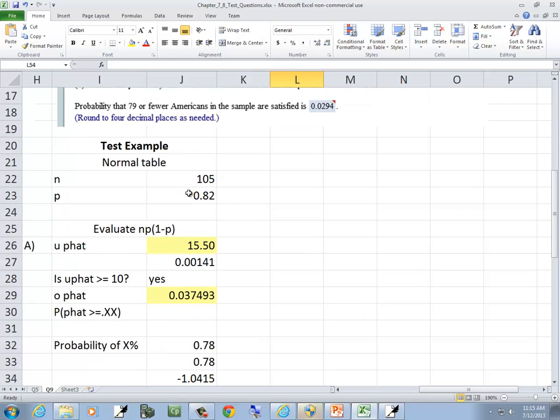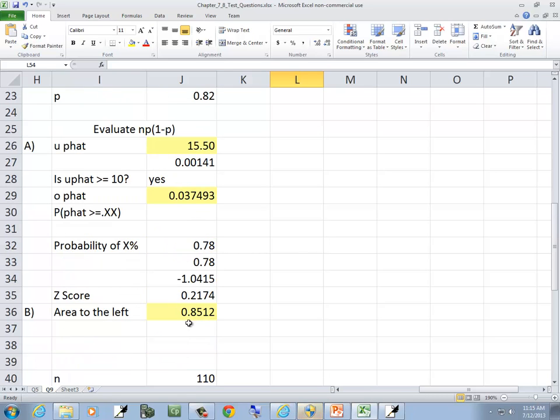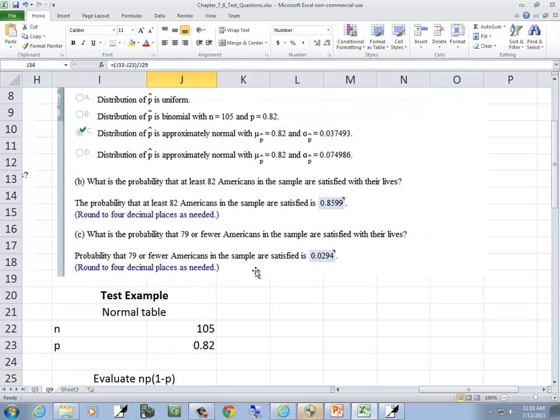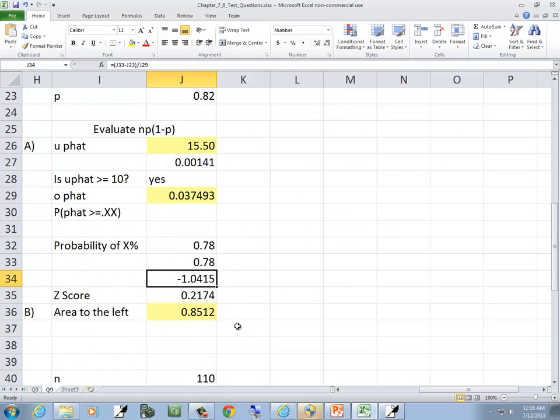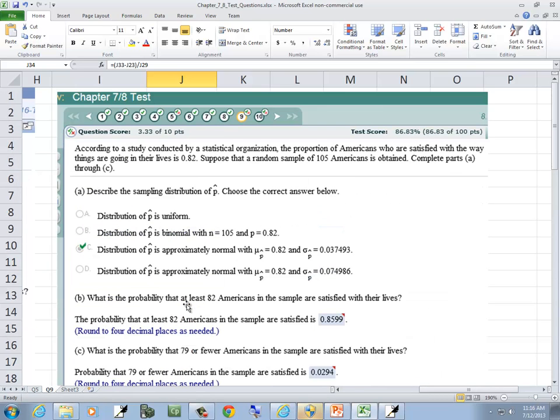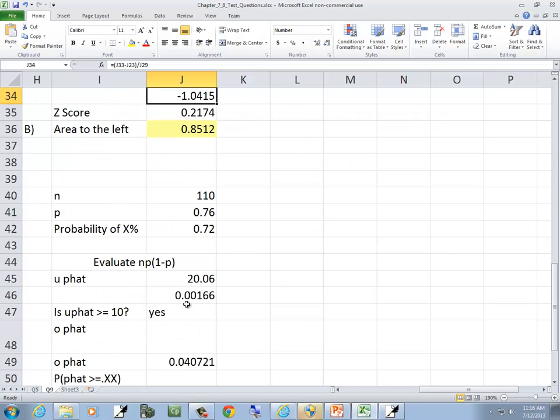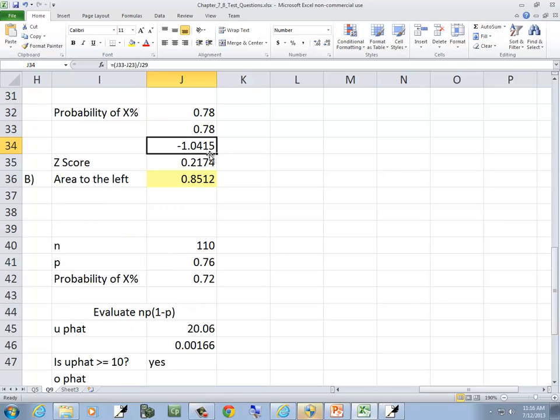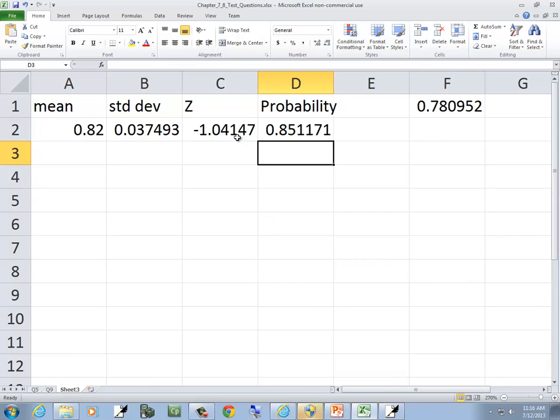Now let me see what you've done. Area to the left. J34, which is your z-score. Is that what I came up with? Negative 1.0415. Now this one I can see. Negative 1.0415, yep.